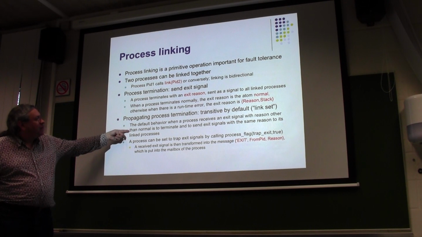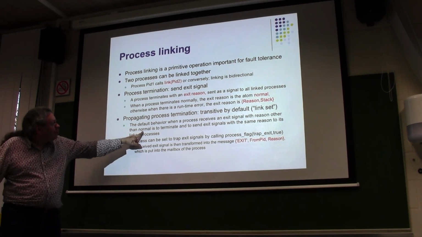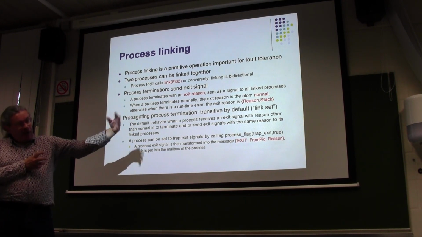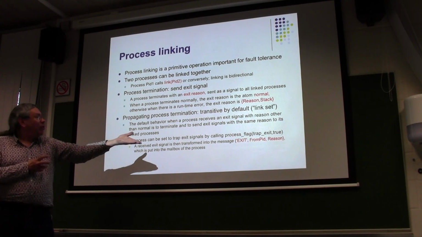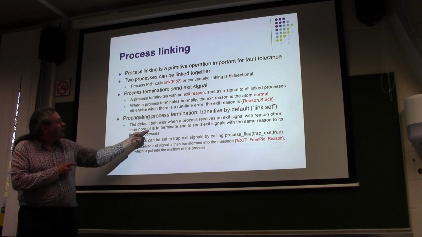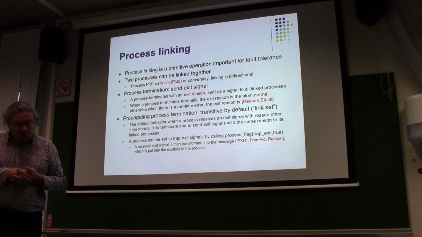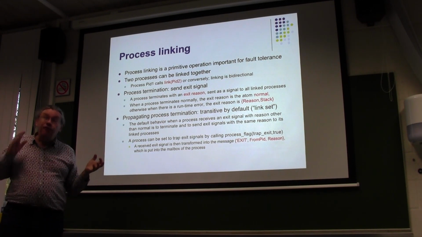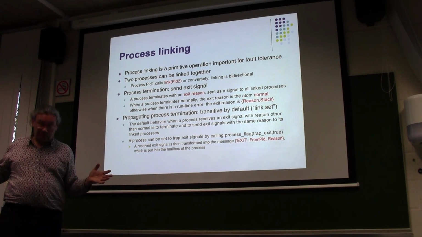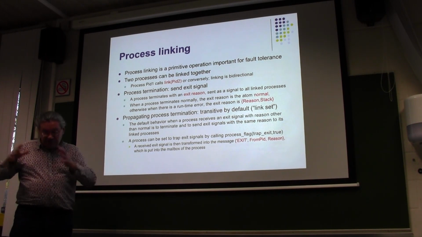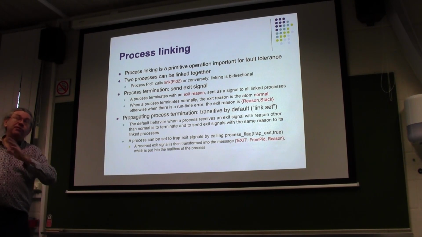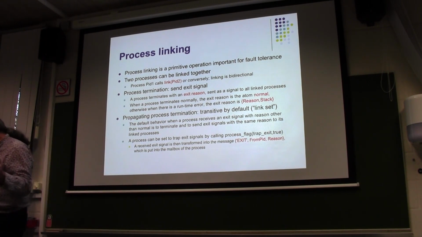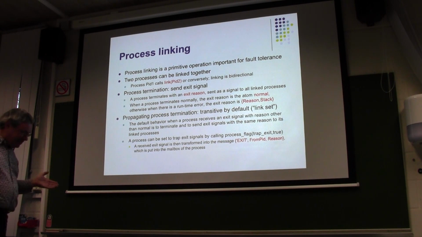When a process receives an exit signal with a reason different from normal, that means the linked process failed, and it's abnormal. So other than normal, it also terminates. If any of the processes crash, it forces all of them to crash. So it basically maps the failure of one to the failure of all of them. You think that's a very, very strong thing to do.